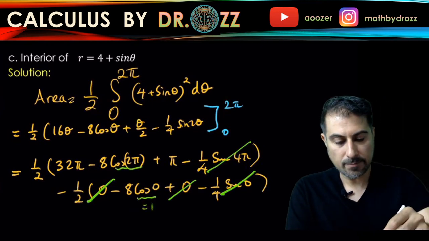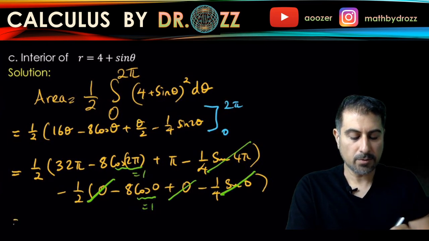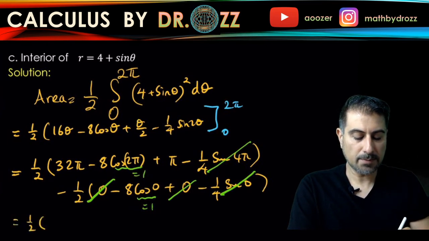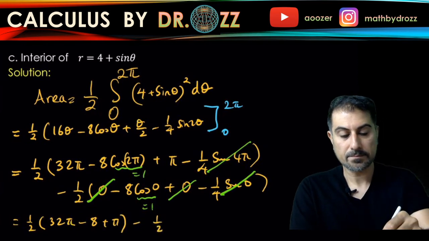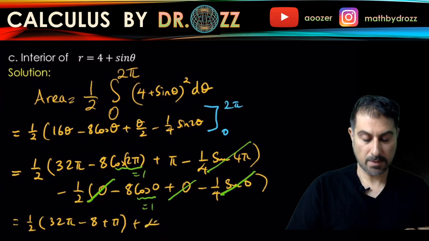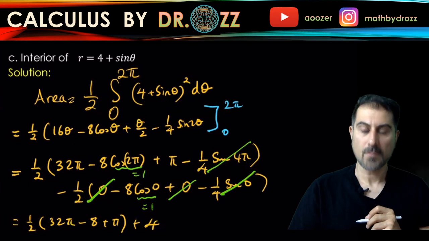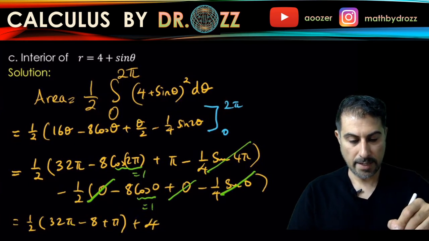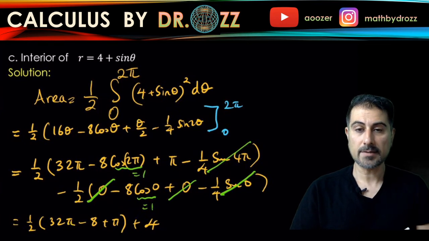All right, let's wrap everything up. 1/2 times 32 pi minus 8 plus pi, minus 1/2 times negative 8, so that makes it like 4. If I am not mistaken, yes. So you have another minus 4 coming from here because you have 1/2 times negative 8, that's negative 4.